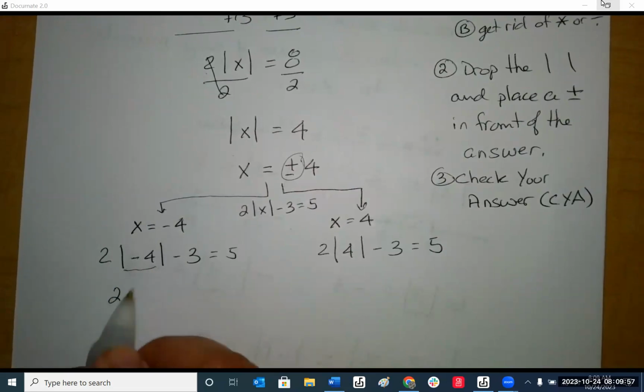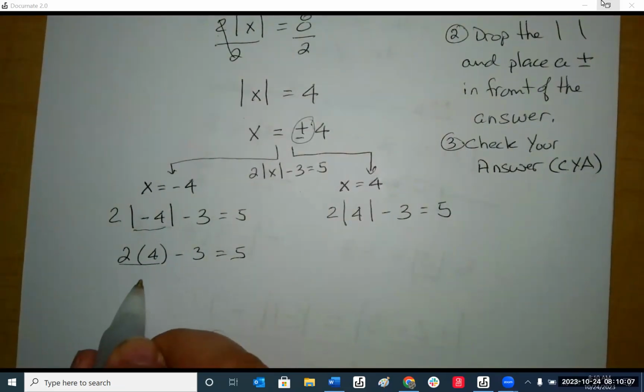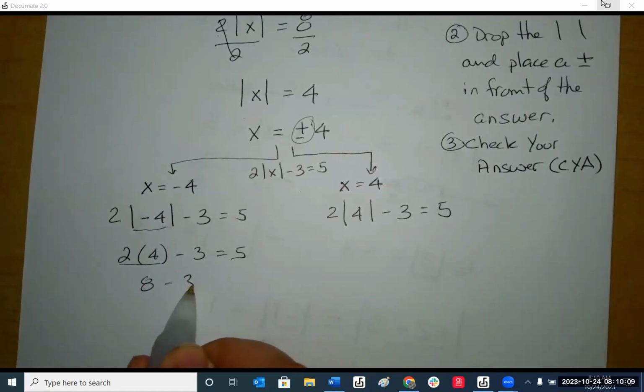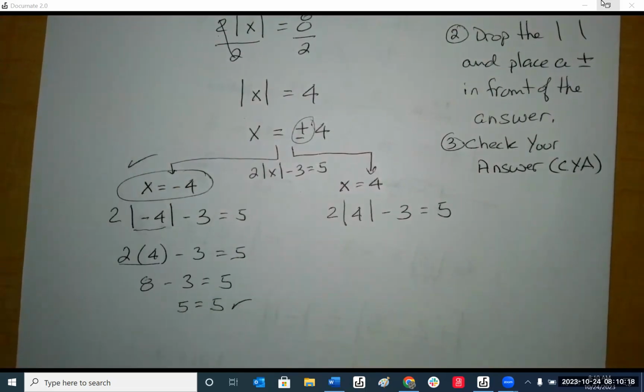So absolute value of -4 is 4. Multiplication first. 2 times 4 is 8. 8 minus 3 is 5. So that's a good answer. -4 is a good answer.